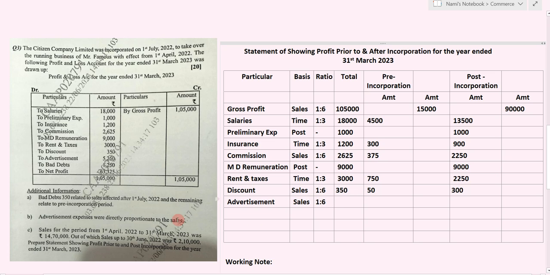The total of advertisement is 5,250. For pre-incorporation 750 and 4,500 is of post-incorporation. Next is bad debts.